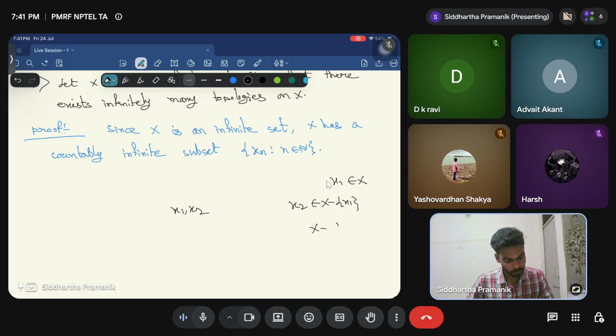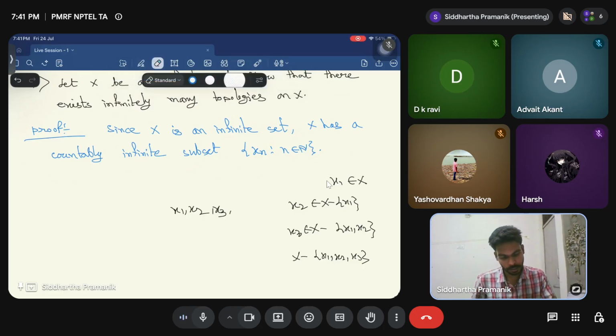Now you remove x1 as well as x2. This is also infinite, so you take x3 and add it. Now you remove x1, x2, x3. This is also infinite, and you just continue this process. So then you will get a countably infinite subset.